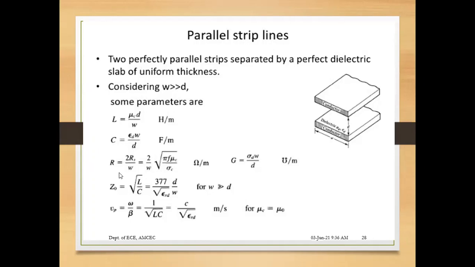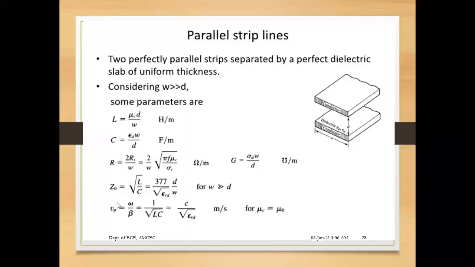So based on those losses, you write the series resistance for both strips, which is given as 2 Rs by W, or it is 2 by W. Rs is the surface skin resistance, which we have seen yesterday, the same formula you can substitute, square root of pi F mu C by sigma C, which is ohm per meter. If you are writing for conductance, G is equal to sigma D W by D. Sigma D W by D. So it is mhos per meter.